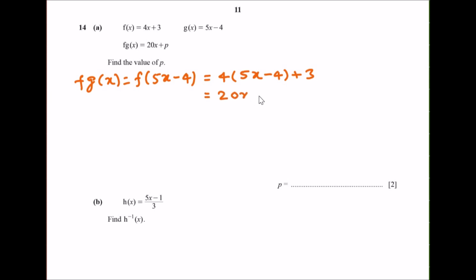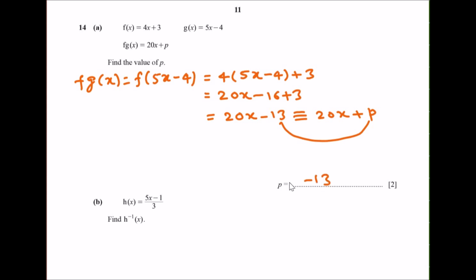We get 20x minus 16 plus 3. So that will be 20x minus 13. Now we have to compare this with 20x plus p. If we compare, we can see here p equal to minus 13.